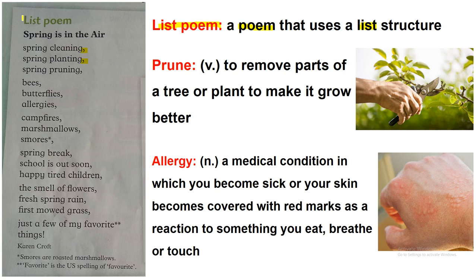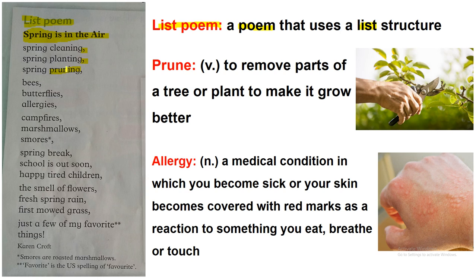So I have number one, the type of the poem, which is list poem. After that, I have the title of the poem, which is Spring is in the Air. In this poem, the poet, the person who wrote this poem, will speak about spring. Spring cleaning, spring planting, spring pruning. What's the meaning of pruning?